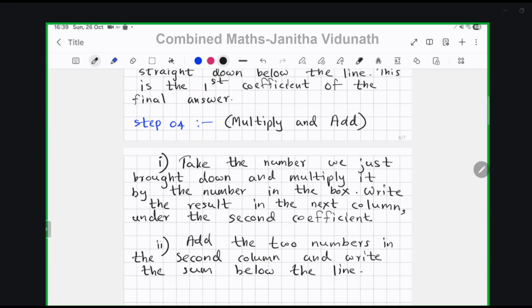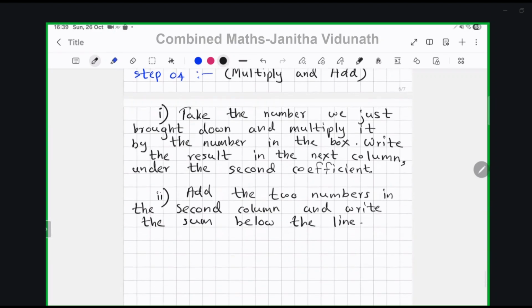Write the result in the next column, under the second coefficient.